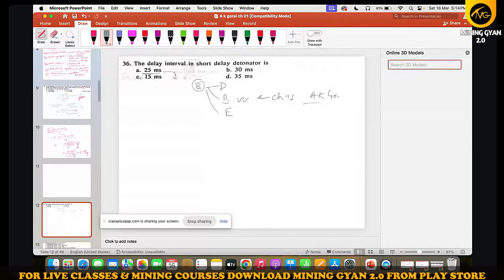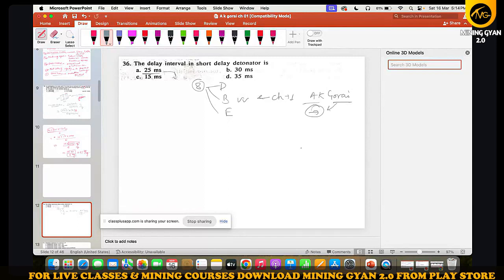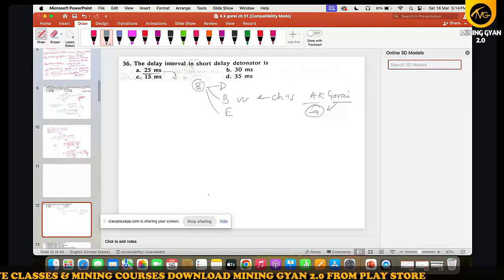But AK Gorai has mentioned a few points which will help you to solve the question, but it will not help you to solve the theoretical question. So you should read this chapter at least for now.